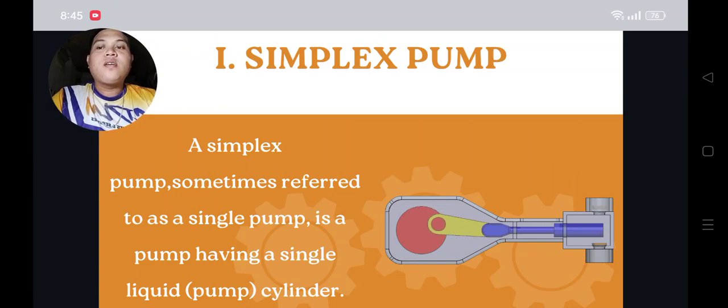This means there is only one cylinder in this pump, as you can see in the picture. The suction and discharge will only take place in a single cylinder. A common example is a hand-operated water pump or poso.